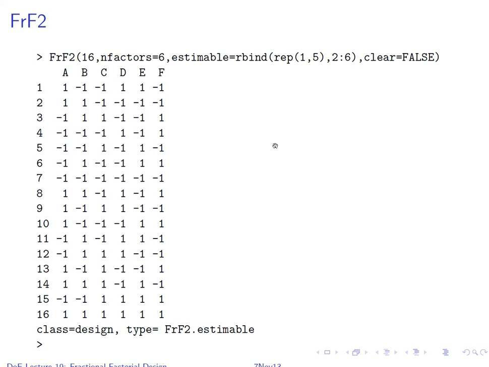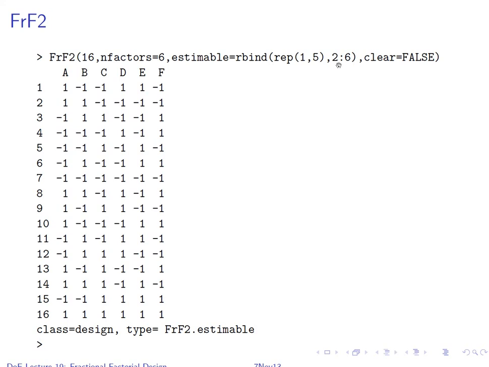In this case, we want to measure the main effects of the factors 1 through 5. That's what the first argument specifies here, rep 1 through 5. So I'm creating this vector 1 through 5. So I want to measure the main effects of A, B, C, D, and E.